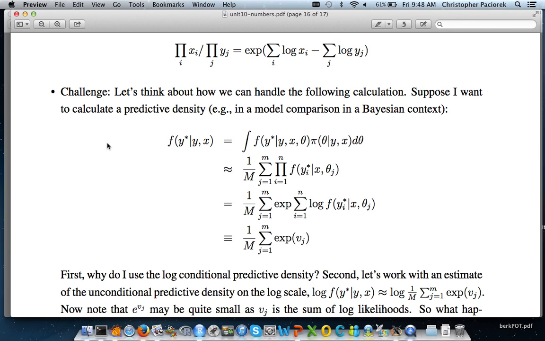Then see if you can figure out a trick that you could use to actually compute this quantity here.